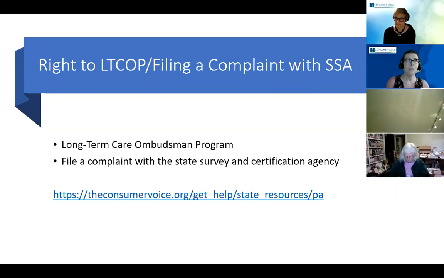And 90 were specifically related to COVID, which could mean a lot of different things. But it resulted in $37,000 worth of fines to nursing homes. So that's one thing that can happen when you file a complaint. There can be a civil monetary penalty held against the facility.